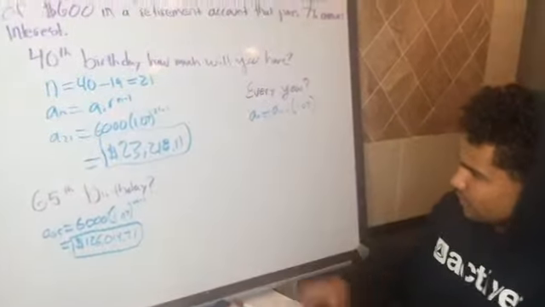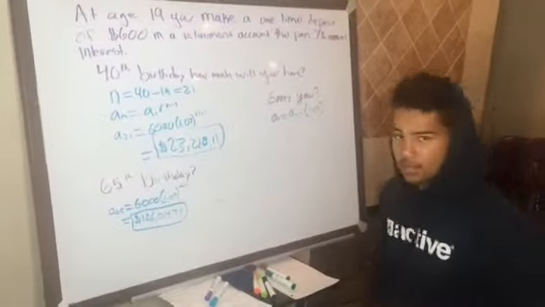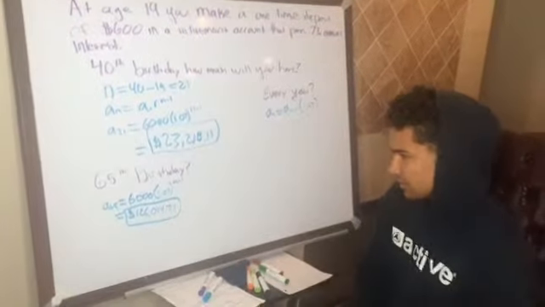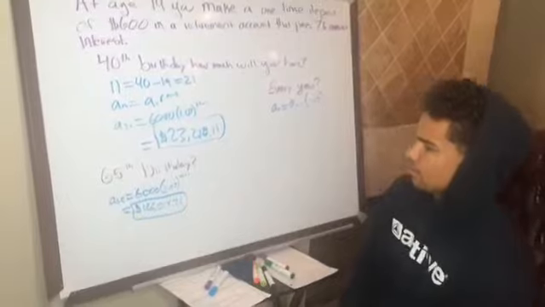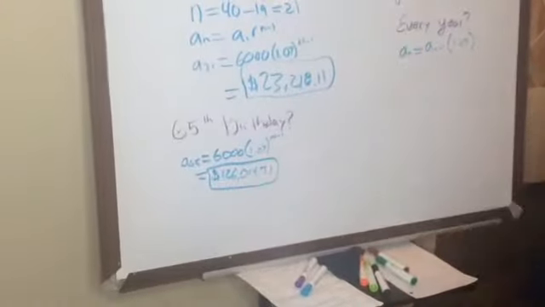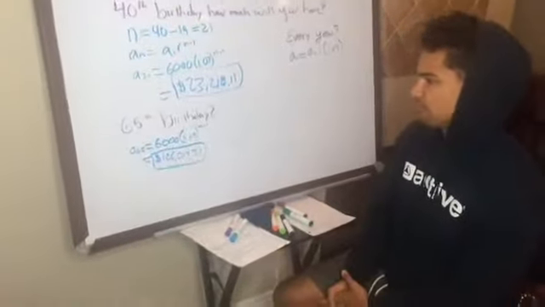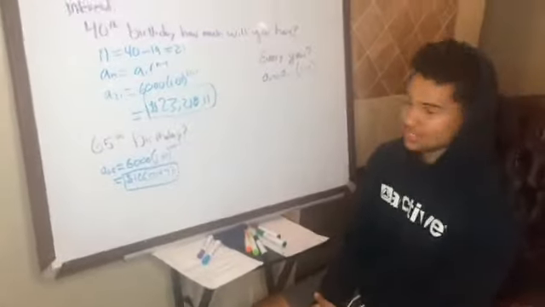And we get $23,218.11 for that one. The next one is what about our 65th birthday? We do the same thing, but we put a_65 equals 6,000 times 1.07 to the power of 46 minus 1. And that gets us to $126,014.71.